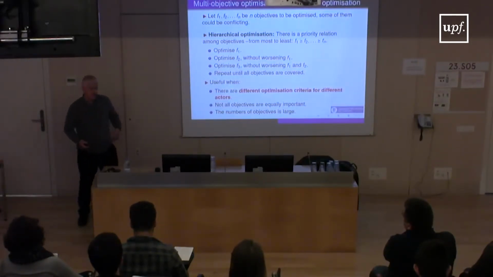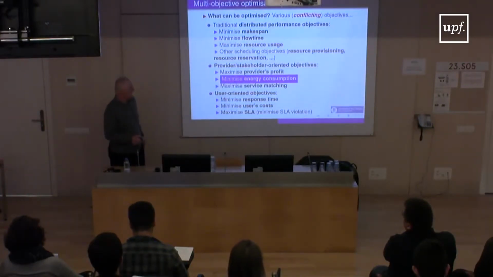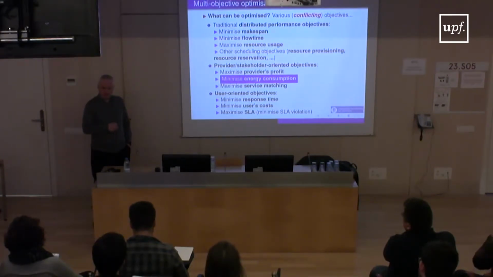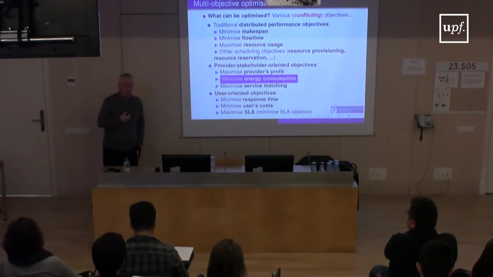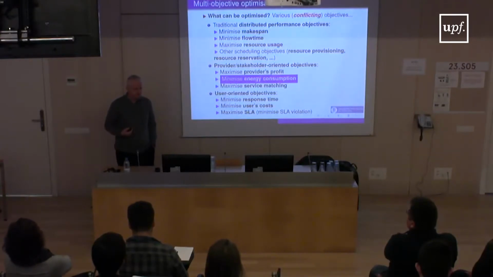For example, if I were a cloud provider, I would say F1 is my top priority: I want to maximize my profit. Saving energy would be my second priority, and minimizing the service level violation would be my third priority, right? So according to my view, I establish a priority on the objectives that I would like to optimize.